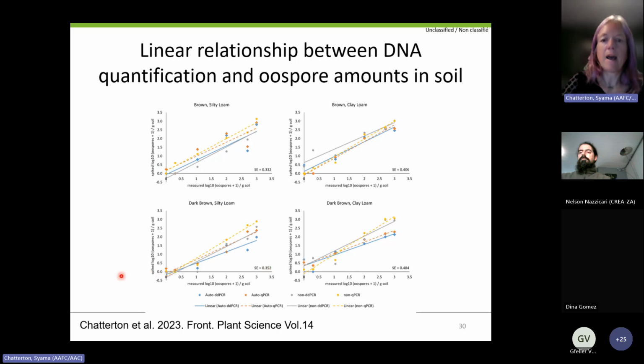So it means that even if our relationship between oospore dose and disease severity is a little bit wonky, we can at least measure those oospores, except for some soils, like the example here, where we are underestimating the amount of oospores in this soil type, whereas other soils, like the silty loam here from the brown soil zone, showed a better relationship.